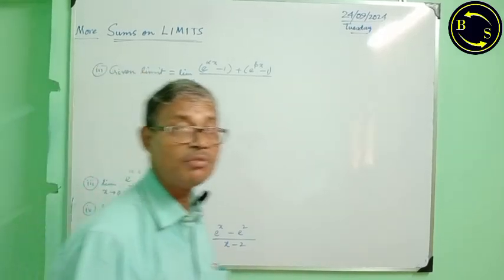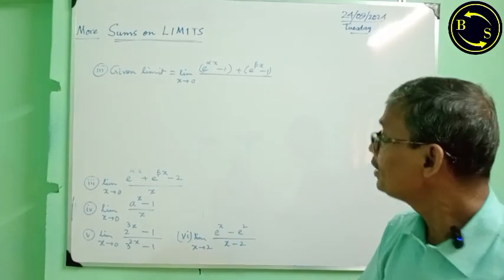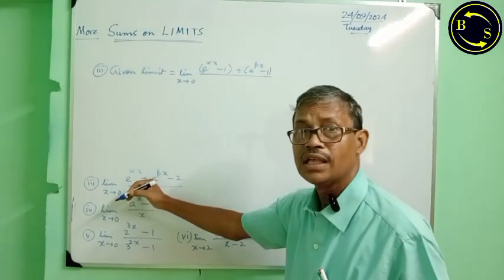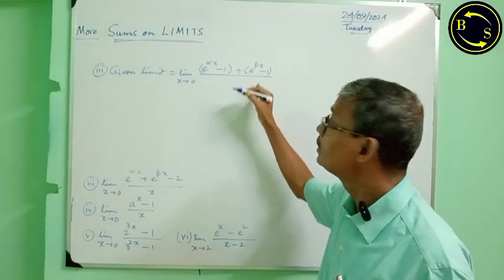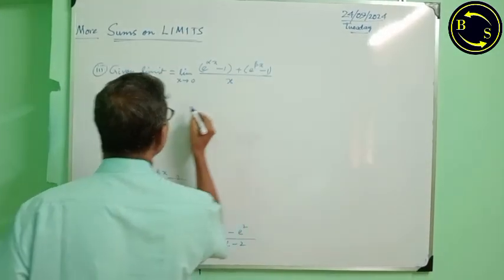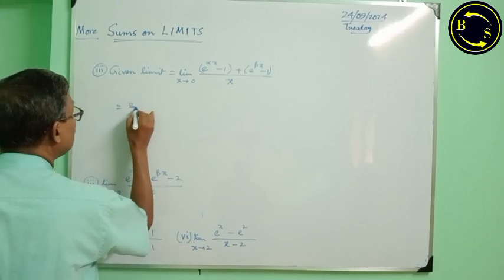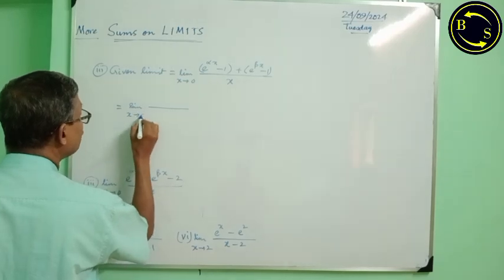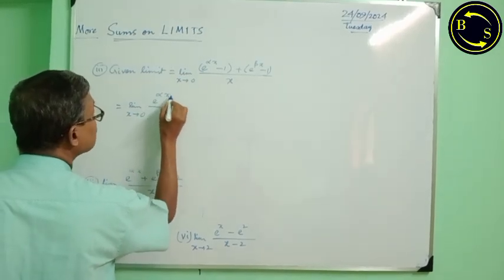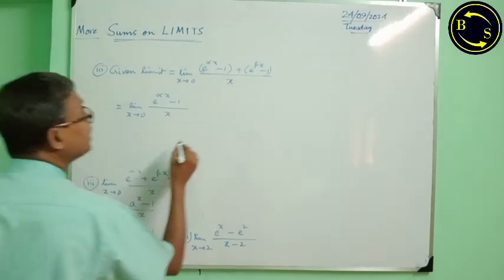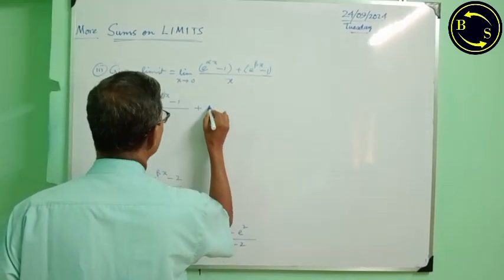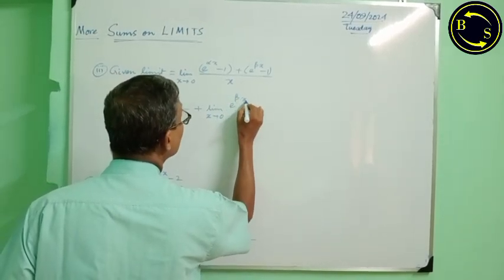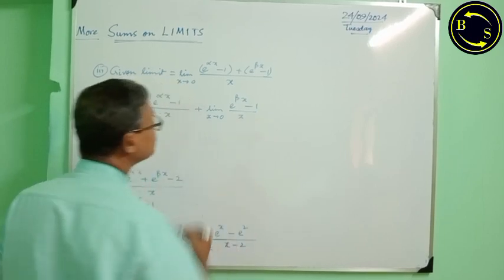I can write that as sum of minus 1, and I take first minus 1 with e to the power alpha x and second one with e to the power beta x by x is equal to limit x tends to 0 e to the power alpha x minus 1 by x plus limit x tends to 0 e to the power beta x minus 1 by x.